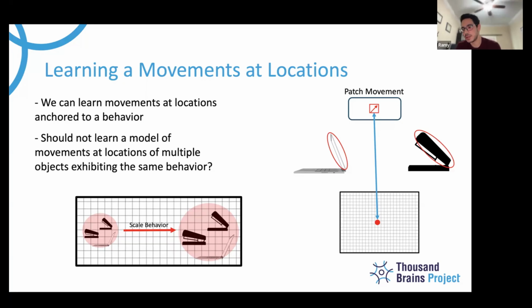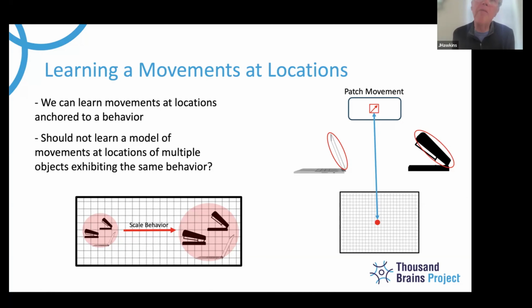It can be learned tied to a stapler morphology in its own reference frame, but the definition of the location in this behavior reference frame will change over time to represent multiple objects. No, wait. Let's be careful there. The behavior, the space of the behavior, I don't think is ever going to change.